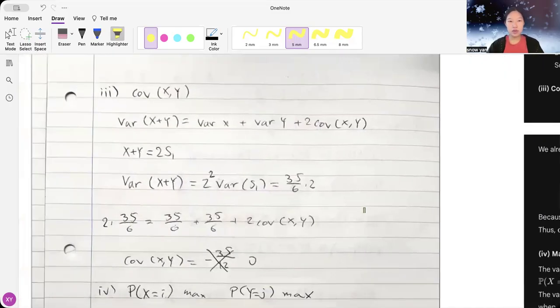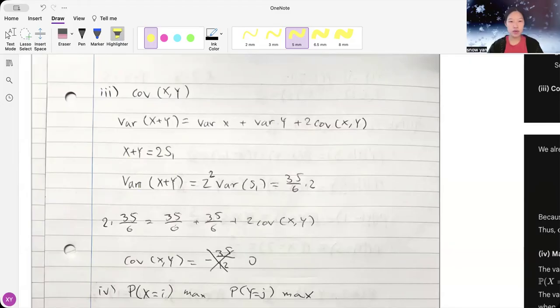I sort of did it like this. I did variance of x plus y is equal to the variance of x plus variance of y plus 2 covariance xy. And I know that x plus y is basically following the same distribution as 2 S1, because S1 plus S2 and then plus S1 minus S2, the S2's cancel out, so it's just 2 S1.